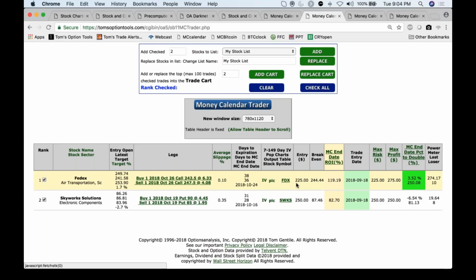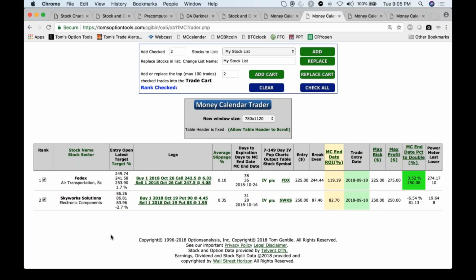You can get a picture of the stock on FedEx. You can get its trade entry date. You can get its money calendar end date return on investment based on the moves we've seen over the last 10 years, and its percent to double, what it needs to do to double in value. It lastly gives you something called power meter, and it will only display power meters that are positive.